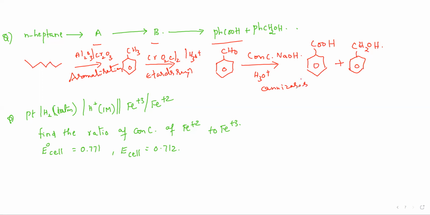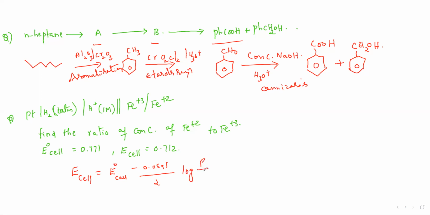And coming to the next question, which is based on the Nernst equation. Here we just have to do substitution alone. We know the Nernst equation: E cell is equal to E naught cell minus 0.0591 by n, log products by reactants. The n value in this case is just 2, which is the number of electrons transferred during the process.